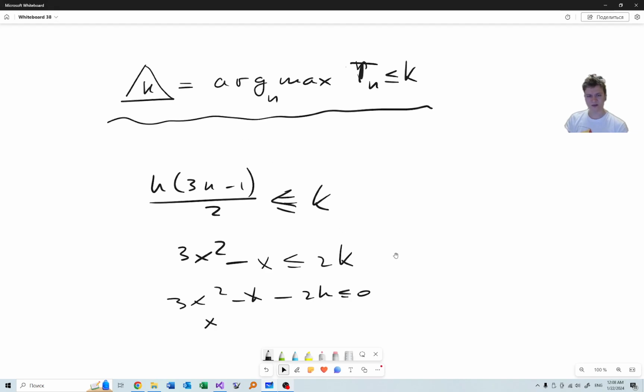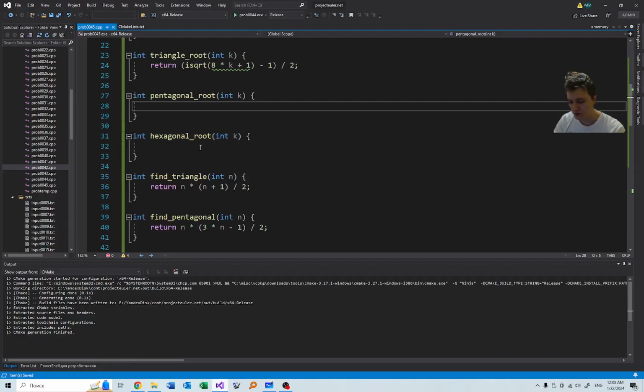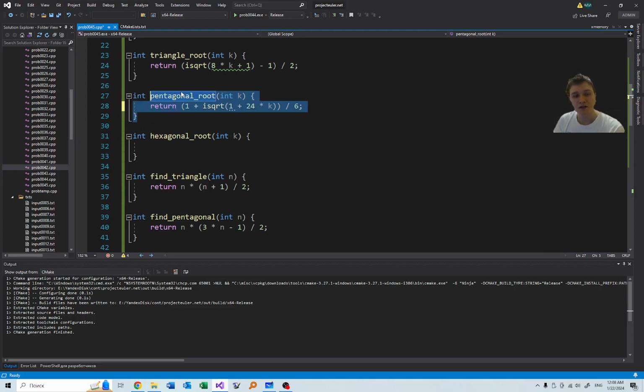This means that x is at most 1 plus square root of 1 plus 24k over 6. So this is what we need. We need to return 1 plus square root of 1 plus 24k over 6. Nice. Nice. That was the pentagonal root.